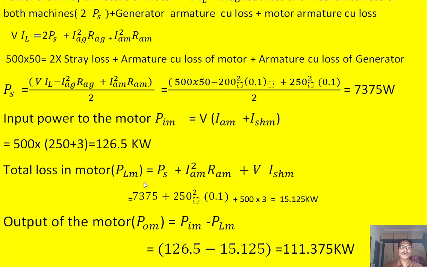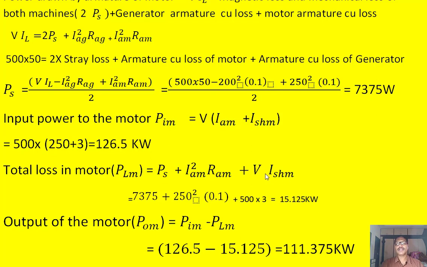Then the total loss of the motor is represented by PLM, and the stray loss of this machine is already known, that is Ps, plus the copper losses, that is armature copper loss plus field copper loss. So IAM square into RAM plus V into ISHM.